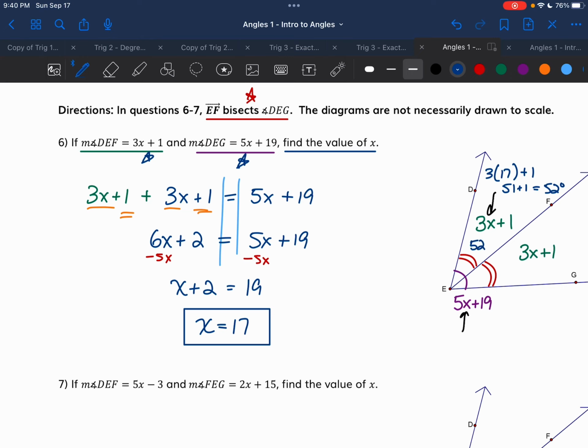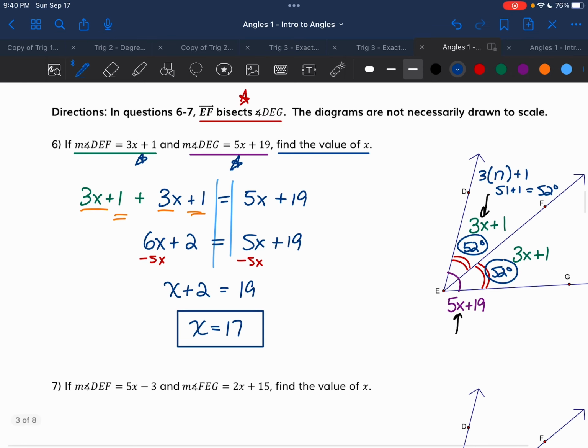And okay, this angle is 52 degrees. This angle is 52 degrees. 52 plus 52 is 104. So if I don't get 104 by plugging in here, I've definitely done something wrong, whether it's the plugging in or whether it's the algebra itself. So please always have that in your back pocket for the end of this question, even if it's not something I'm asked to do. Let me go ahead, plug back in, make sure I get something that makes a good amount of sense.